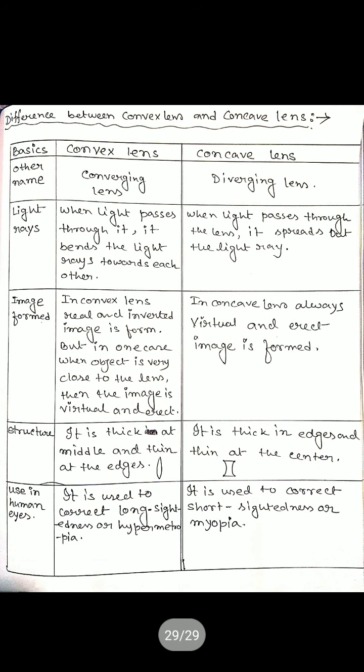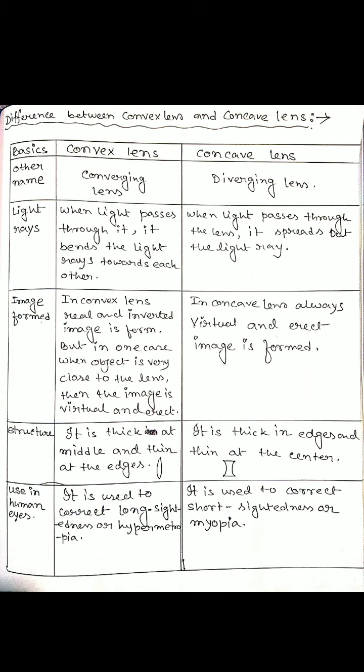Now we already discussed most of the things: the concave lens, the convex lens, the ray diagrams. If any question comes, what is the difference between the convex lens and the concave lens? Many differences we already know. Convex lens, converging lens; concave lens, diverging lens.